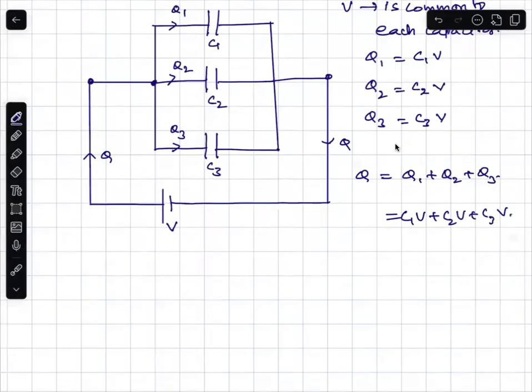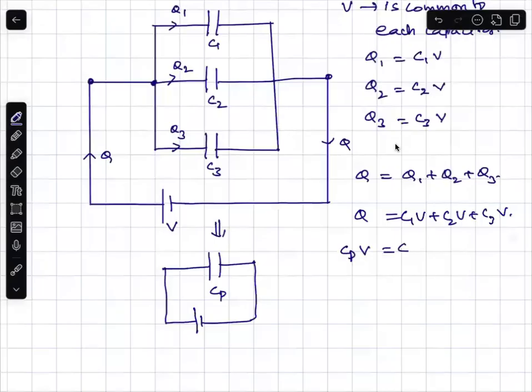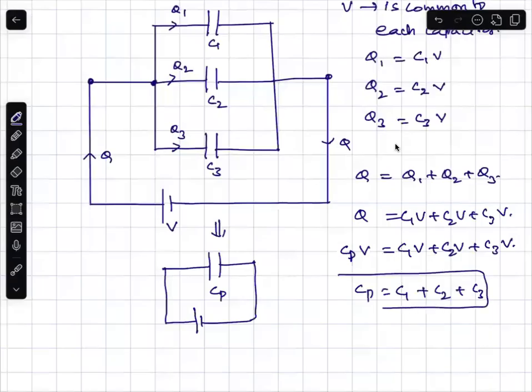And this is Q. Suppose you represent the entire arrangement with one single capacitor whose capacitance is CP, the equivalent parallel combination. I would have written that as CPV equals C1V plus C2V plus C3V. Therefore CP is C1 plus C2 plus C3. This is the expression for parallel combination.